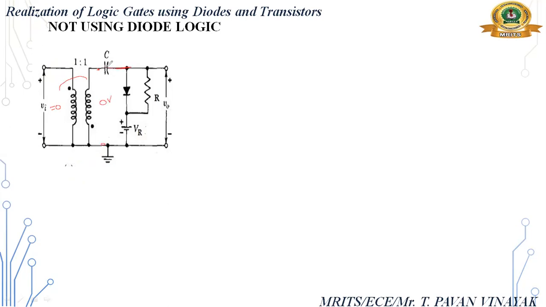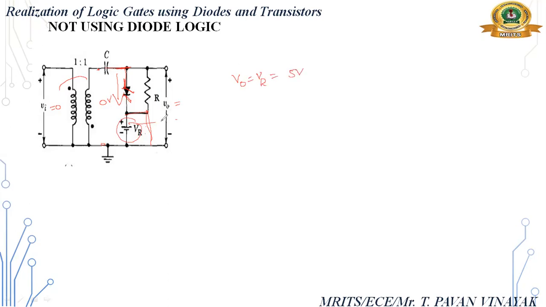So 0 volts means diode will be off. There is no path. So VR will come to output. So V naught is equal to VR, that is equal to 5 volts.